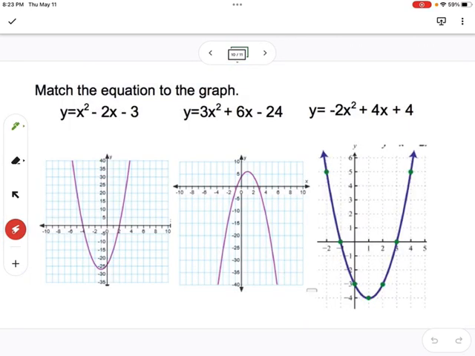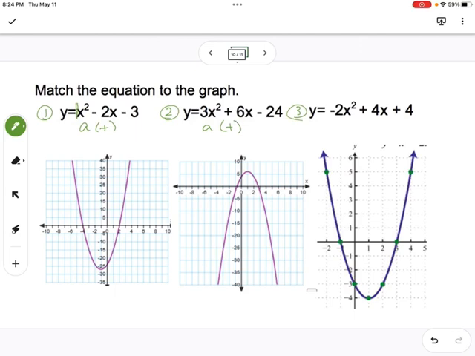So we want to now match each equation to a parabola. So we have option 1, 2, and 3. First, we can look at all of our a values. The first equation, there is an invisible 1 in front of the x squared, so a is positive. The second one, we have a positive 3.